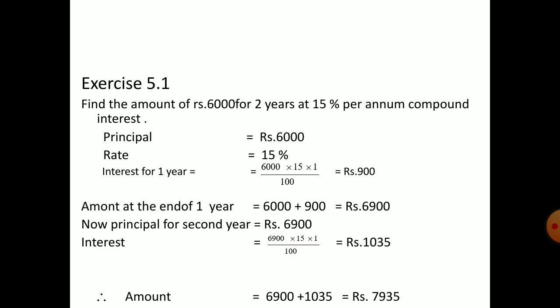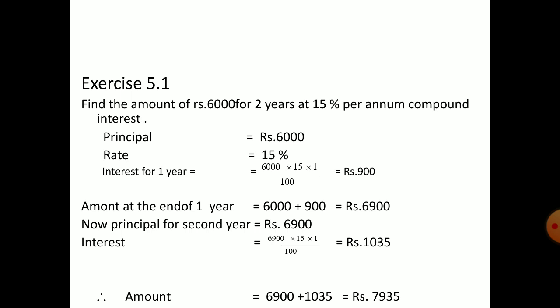Therefore, amount at the end of 1 year will be 6,000 plus 900, that is rupees 6,900. So now this amount becomes the principal for the second year. Got it? So now here the principal is rupees 6,900. Interest is equal to again simple interest is equal to P into R into T by 100.